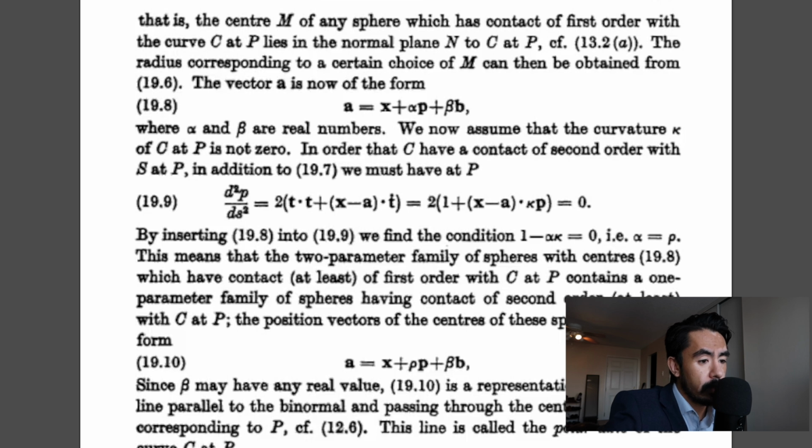We now assume that the curvature kappa of the curve C at point P is not 0, and P is capital there to refer to the point, not the vector p, which is a part of the definition of the vector A that we're dealing with right now.